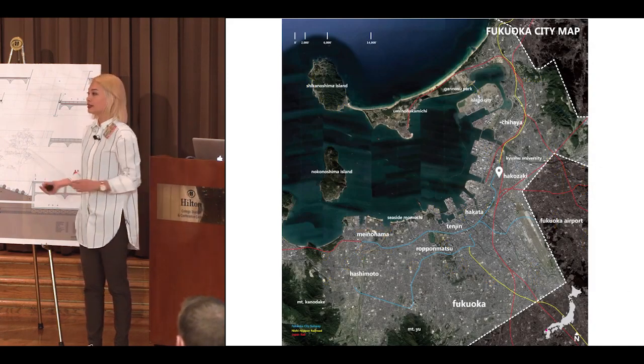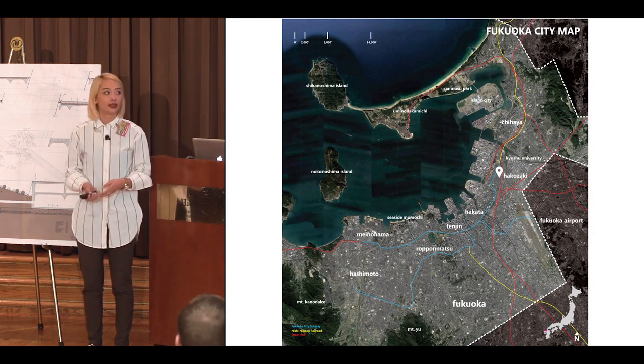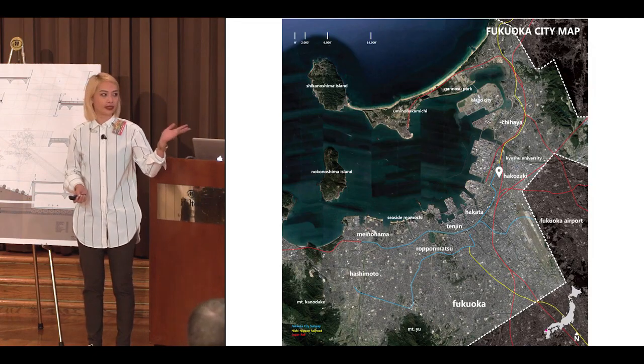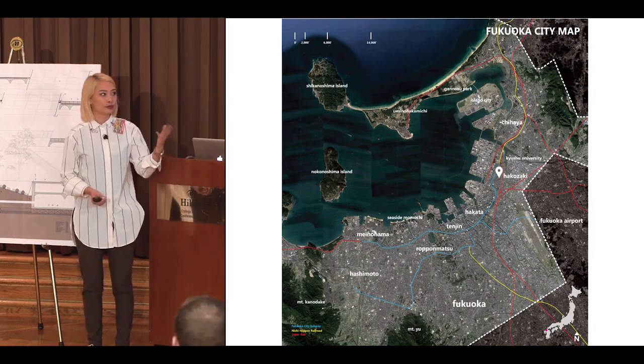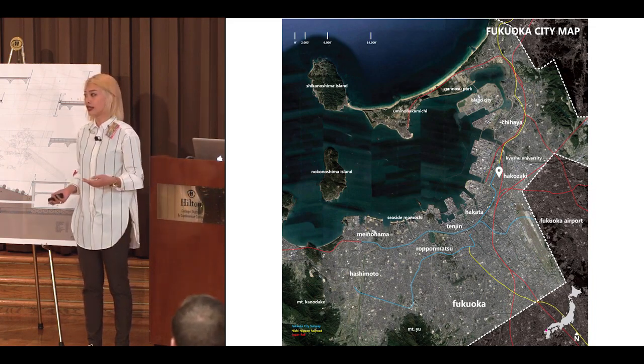This project is located in Fukuoka, Japan, one of the largest cities in Japan. This is a map showing the different railroad entities within the city. The Japan Rail is indicated by the red, and that's a nationwide entity.